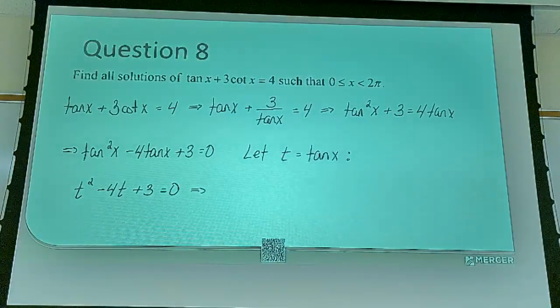Remember for factoring, again, we want to factor in terms of integer coefficients. Factors of 3, when added, give 4. Now, 3 only has 2 factors, right? What are the factors of 3?